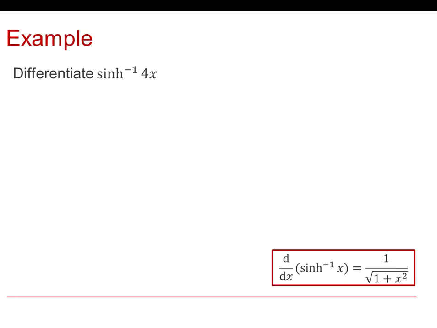If we were to differentiate sinh to the minus 1 of 4x, let's write that out. So d by dx of sinh to the minus 1, and I'm going to put the 4x in brackets because that will remind me to use the chain rule carefully, because it's really easy to forget that 4.